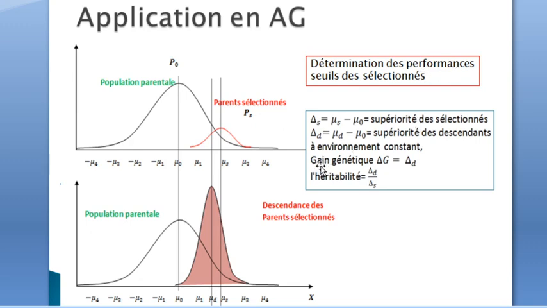Then secondly, it is used to determine the genetic gain when environmental factors are well controlled or fixed. And then thirdly, the normal distribution is a good way to estimate an approximation of the parent-offspring heritability of quantitative traits.